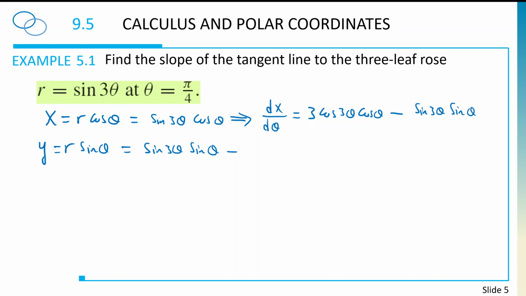Now dy over d theta, sorry, same thing. The derivative of the first is 3 cosine 3 theta sine theta, and we leave the first and take the derivative of the second, which is plus sine 3 theta cosine theta.